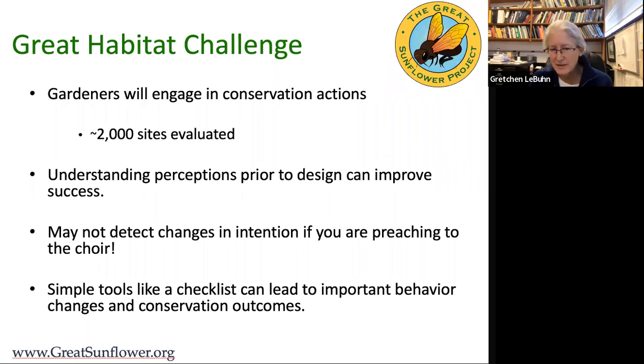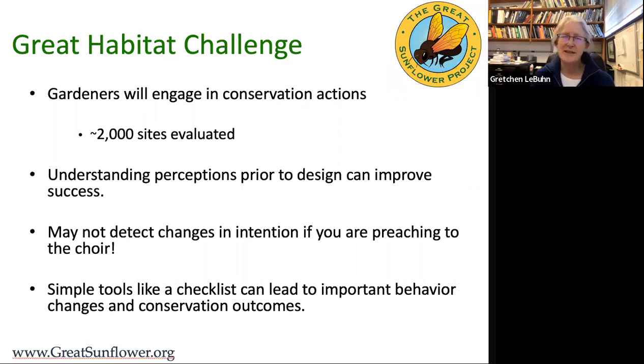We've had over 2,000 sites evaluated. We found that understanding people's perceptions when we designed the project really improved our success. And I wanted to mention in here, we also looked at whether it changed people's attitudes about their ability to do conservation. And we found that it had no impact on that, which made us realize that we're really still preaching to the choir.